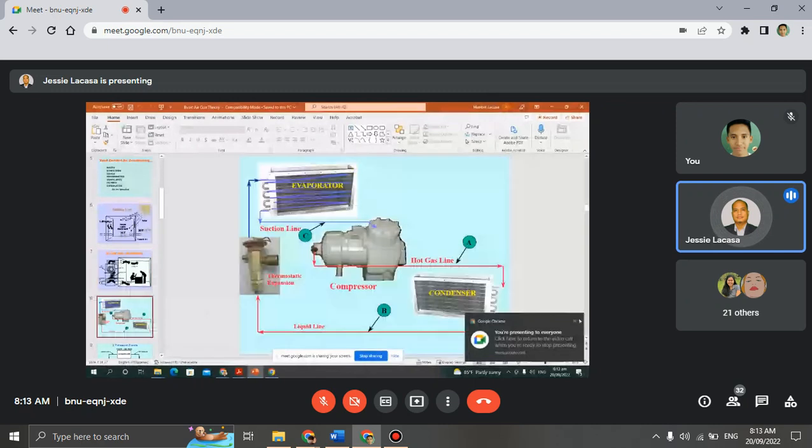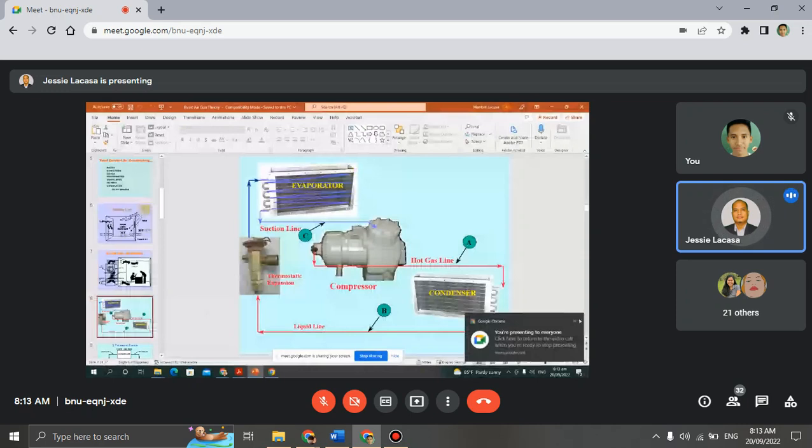Next we have the refrigeration system, which is the basic refrigeration system, or ang iyang sa refrigerant. So from the compressor going to the condenser, then the condenser has a liquid line, then the thermostatic expansion and the evaporator. So these four are the four basic components of the refrigeration system.